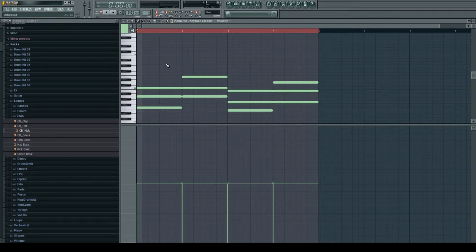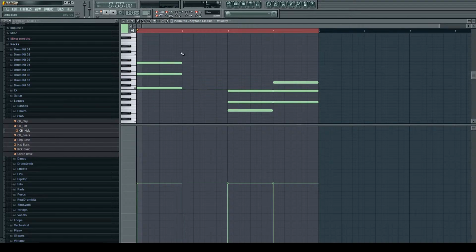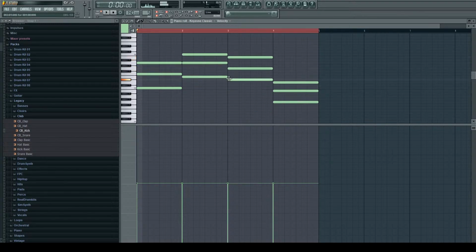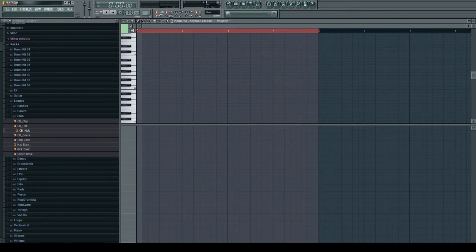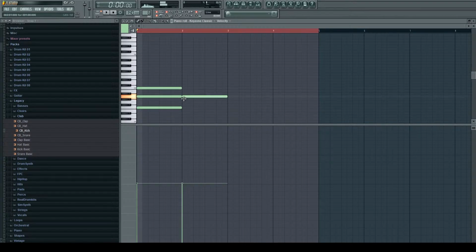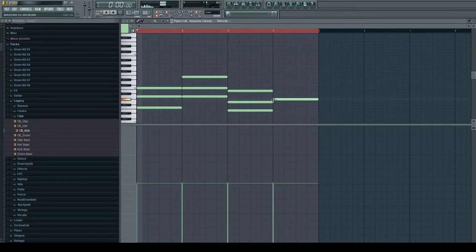But let's compare that with the inversions, with the leading tone. I use an A, F, A minor, and then, oh, let's compress them.